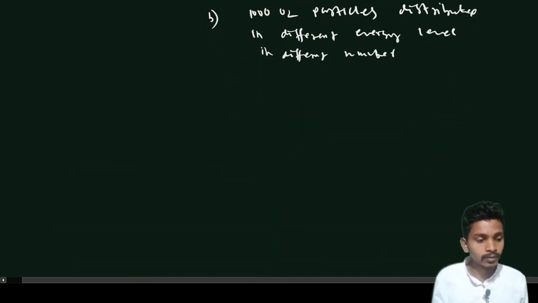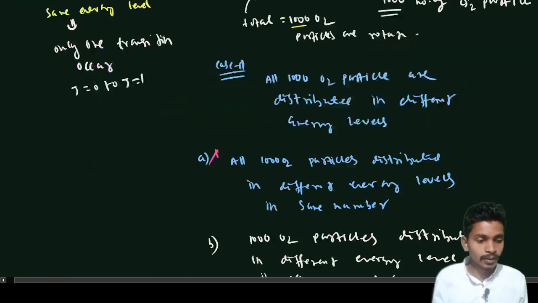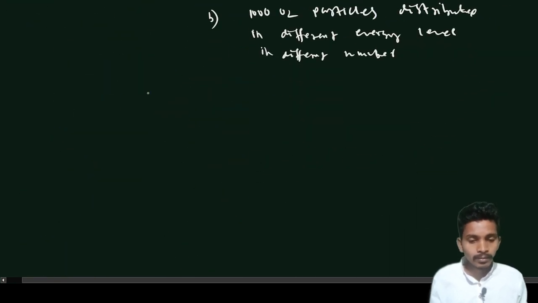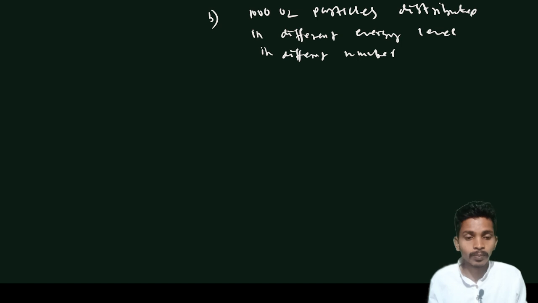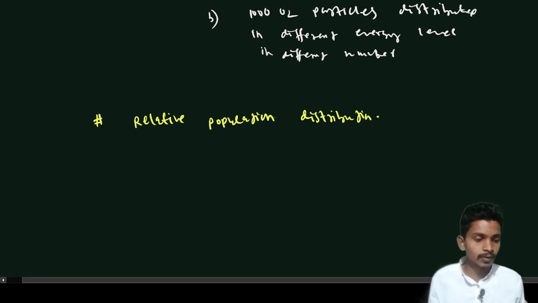so how do you prove that this is happening? This is given by the Boltzmann equation, the relative populations, the relative population distributions.